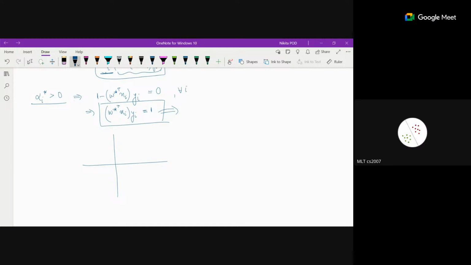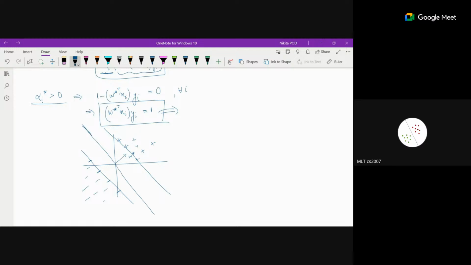Let's say this was my W star, and you had all the positive points on one side, and all the negatives on this side, and this was my separating hyperplane.